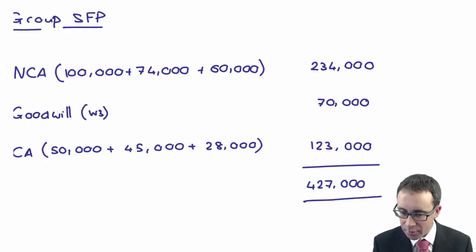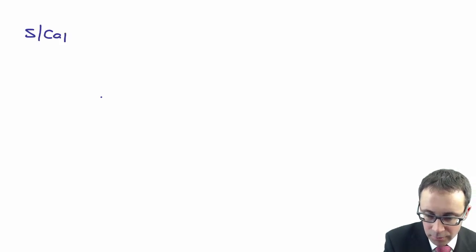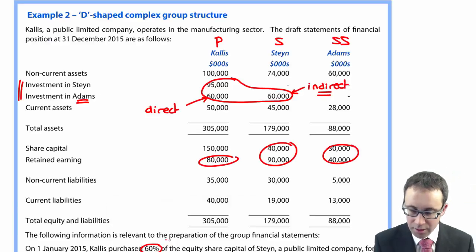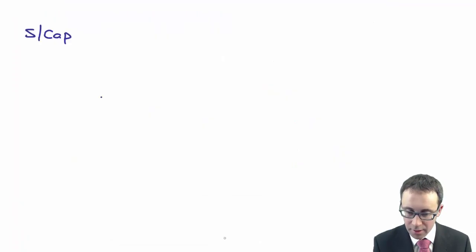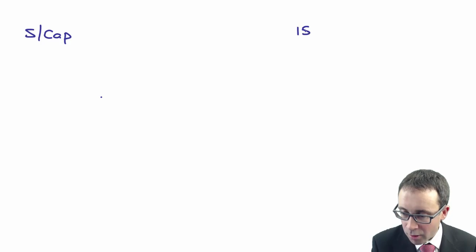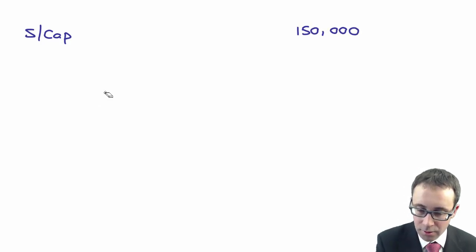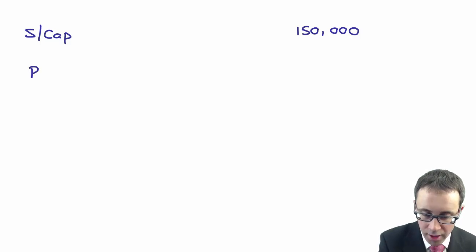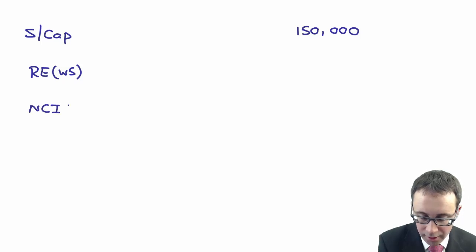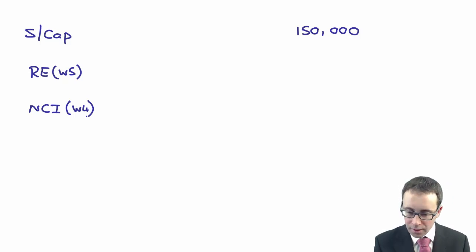So let's have a look at the equity and liabilities. We've got the share capital, still 100% of the parent only, which is there as 150. So we can put that in, 150,000. We can go through there and play with the retained earnings from working 5 and the non-controlling interest from working 4.